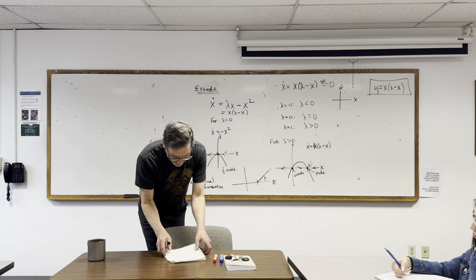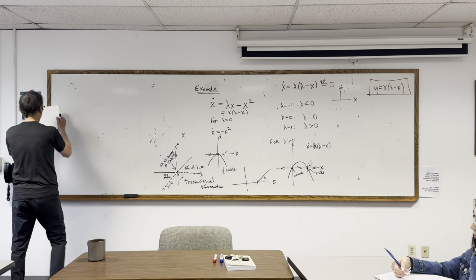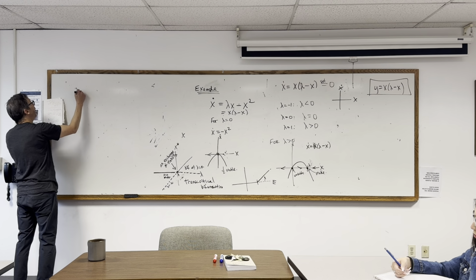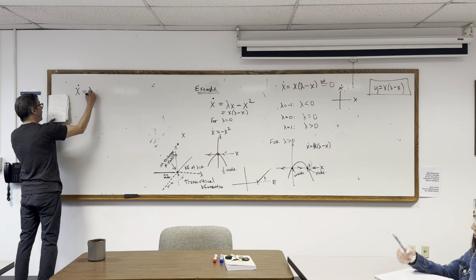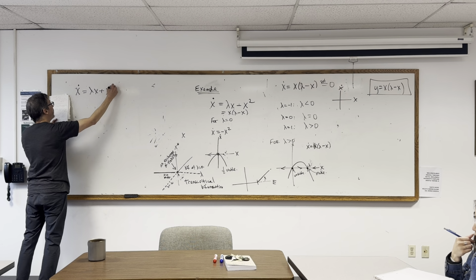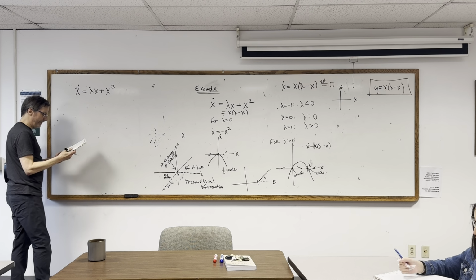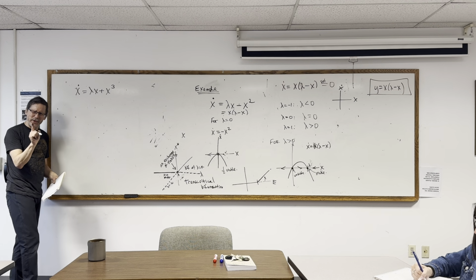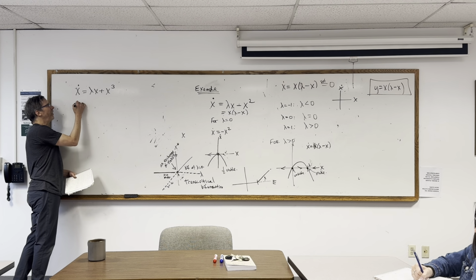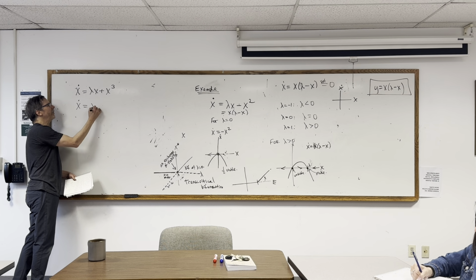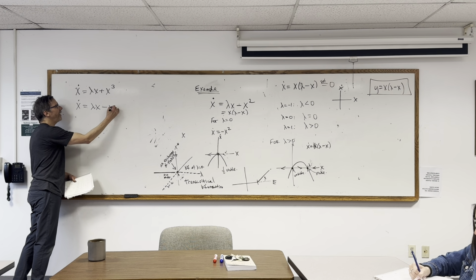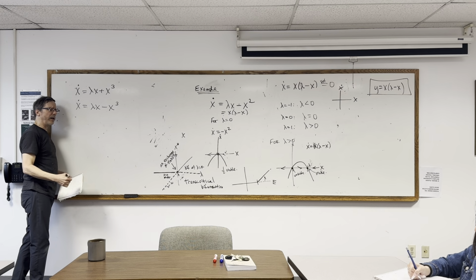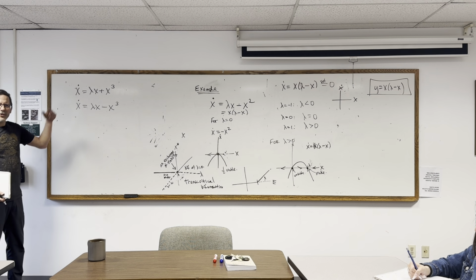Come up with the bifurcation diagram for x dot equals lambda x plus x cubed. And then I would just toss in this little one. Also this one, which is very closely related, but not the same at all. Check those out.